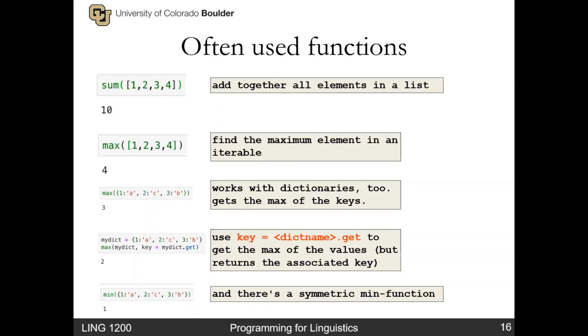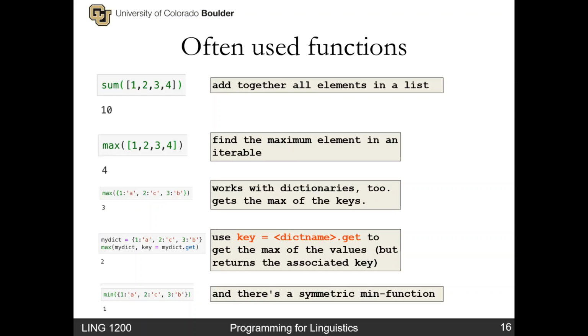Now, max has a keyword argument called key, much like sorted. If you feed it mydict.get, get is going to go and find the value of the key as it's looking through the keys. So if you do max of mydict and then the keyword argument key and feed it mydict.get, it will find the max of the values, but it's going to return the associated key.